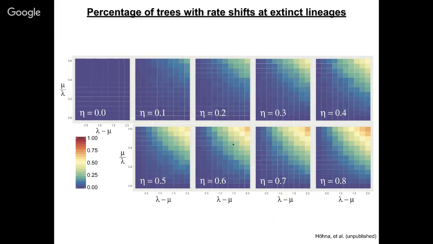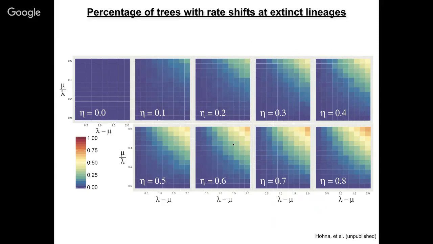If we increase that and we increase the relative extinction rate, we see that we get some simulations that have rate shifts at extinct lineages. And if we go further down to the more extreme cases, we're seeing that more than 75% of our simulations have rate shifts at extinct lineages. One thing to note about these simulations is that we had to cut them at a relative extinction rate of 0.6, where the extinction rate is only 60% of the speciation rate.